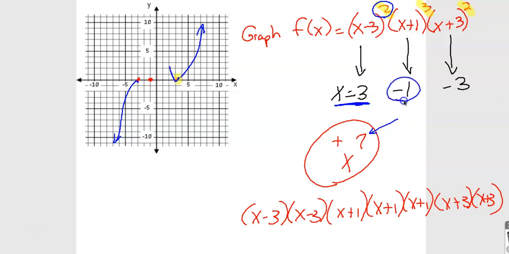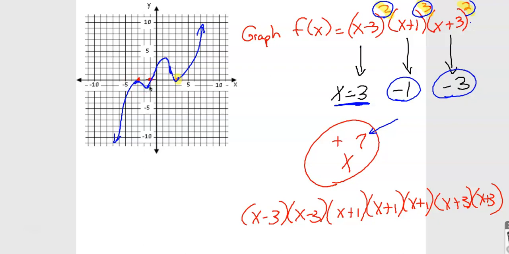At -1, notice it's an odd exponent, so it goes through it. So this literally goes through at -1. And then at -3, it's an even exponent, so it bounces. So this literally bounces right here. So the graph is going to look like that.